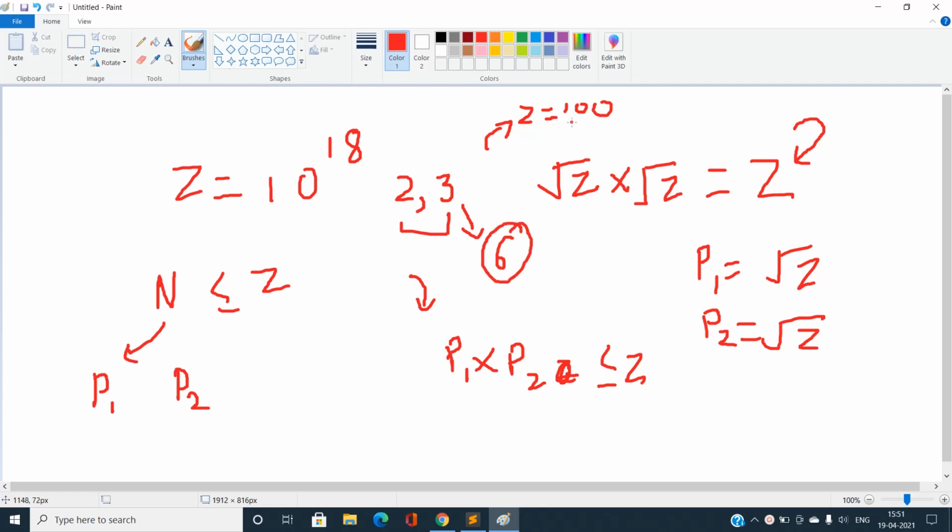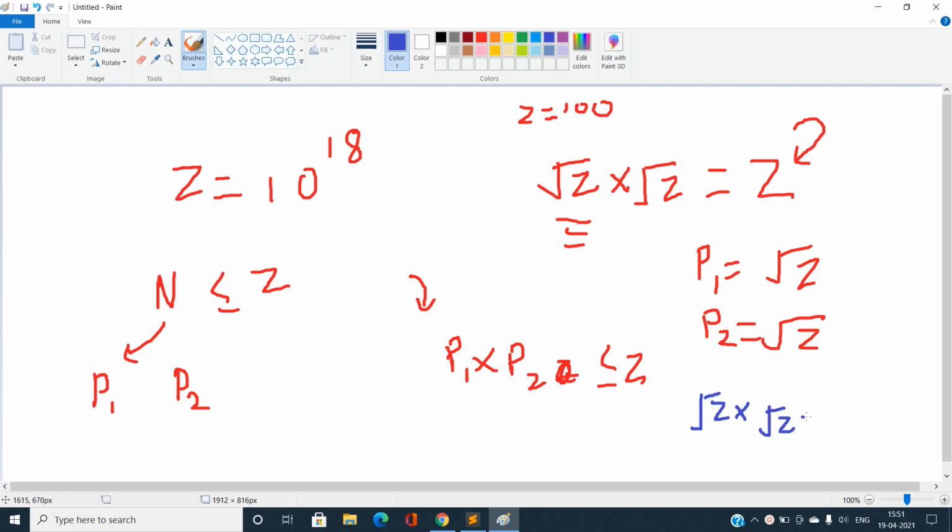So this gives us the idea that we should multiply two consecutive prime numbers which are closer to this root z value. Why closer to root z? If we multiply root z into root z, it gives exactly z.